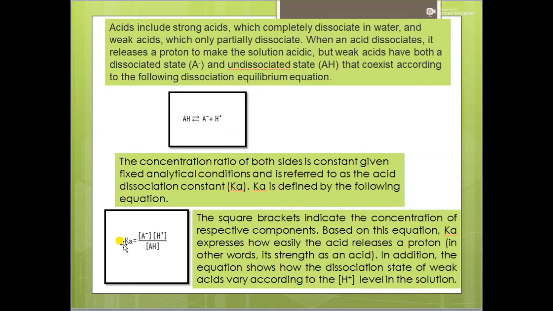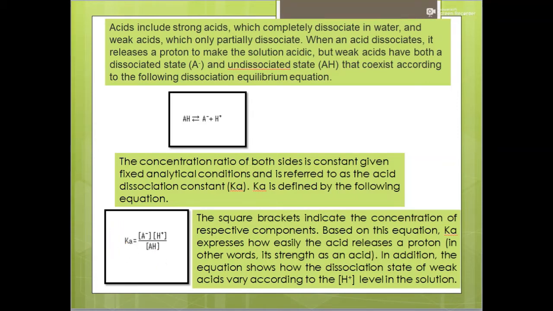So the rate of dissociation is determined by a factor called Ka, the dissociation constant, which is equal to the concentration of the dissociated ion A minus and the dissociated ion H plus, divided by the undissociated concentration. This ratio gives us a constant called the Ka.